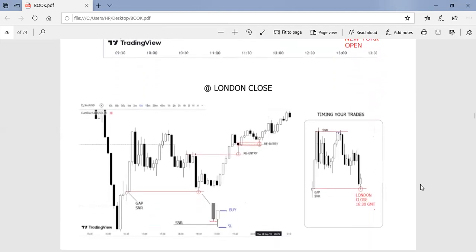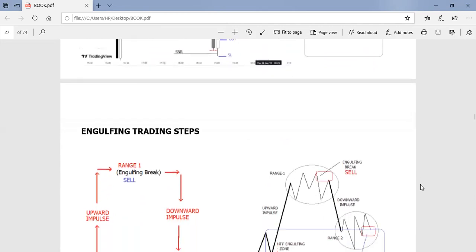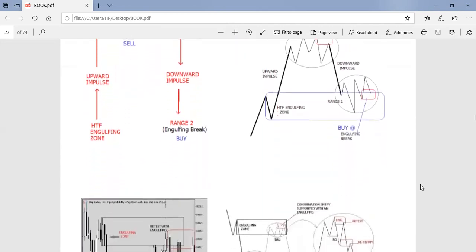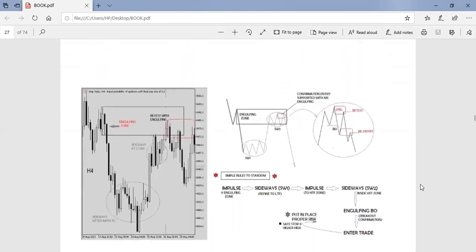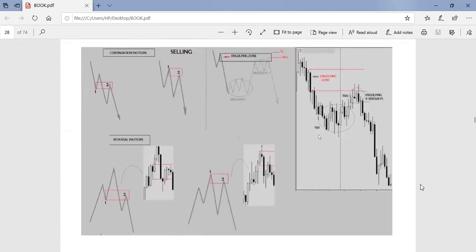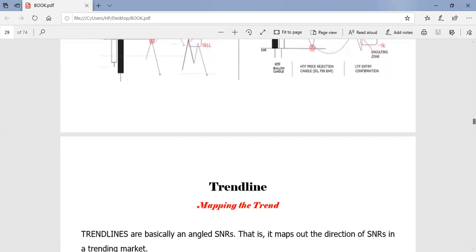Maybe when we come back, we'll talk about the trade plan. When we come back, we'll talk about this trade plan, entry confirmation, the setup, right? Before we go finally into trend line.